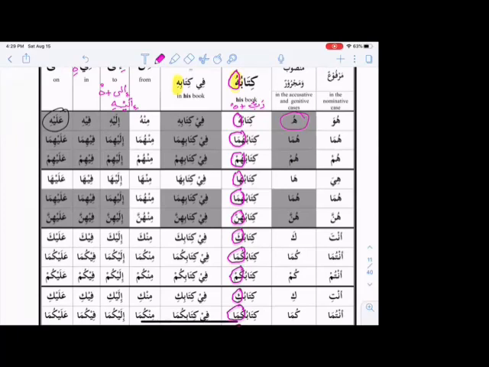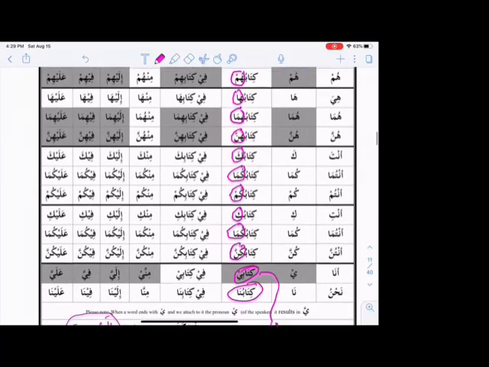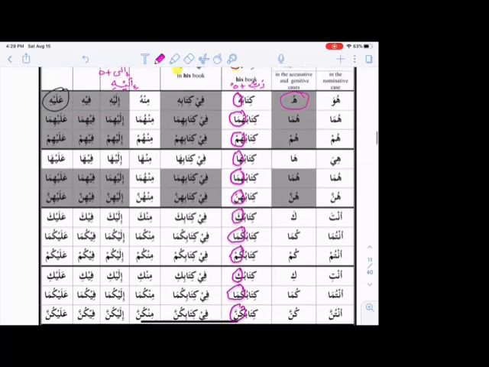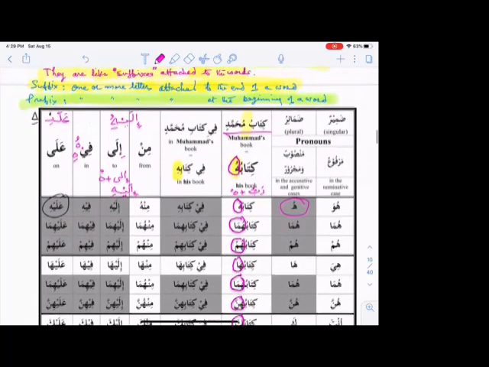Ilayka, ilaykuma, ilaykum. Ilayki, ilaykuma, ilaykunna. Then this is where the changes take place. Ilayya, ilayna. One more here we do, and then we end it, my mother.